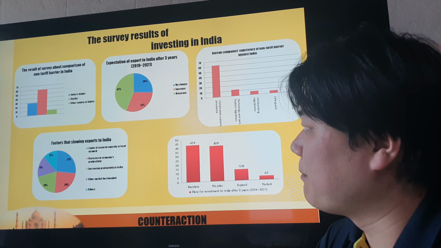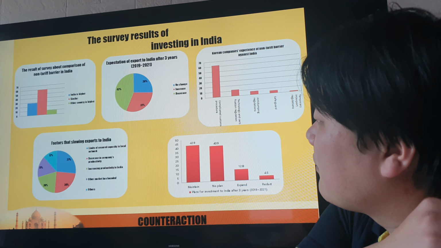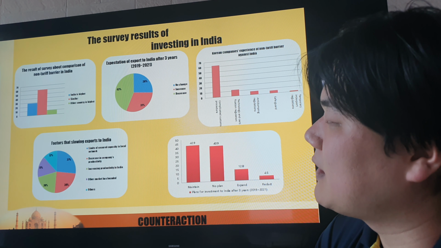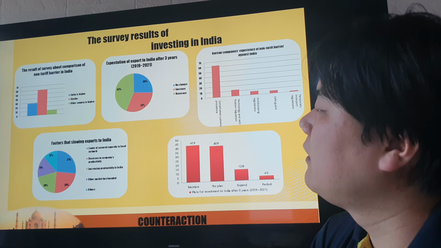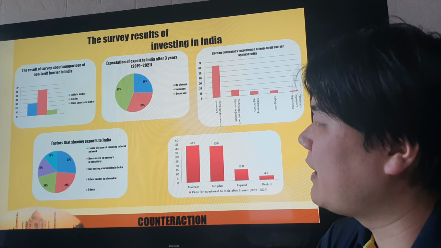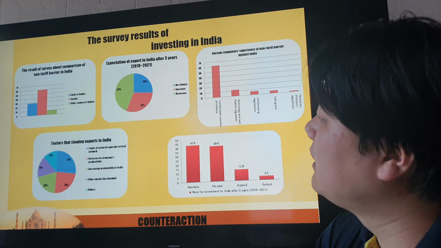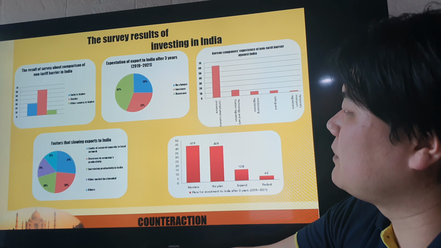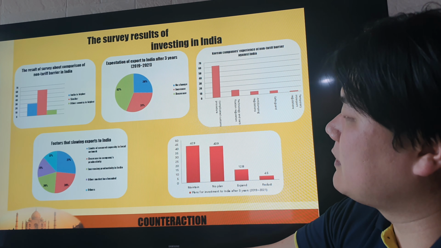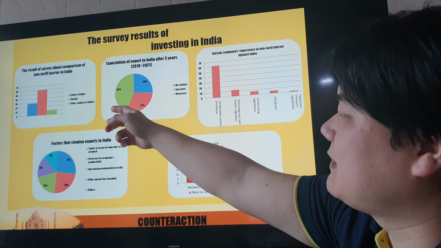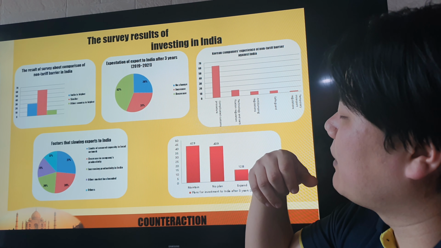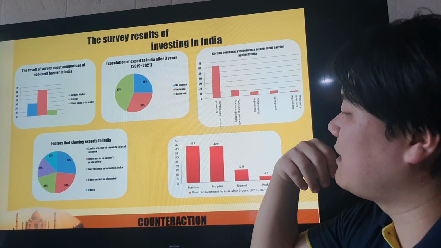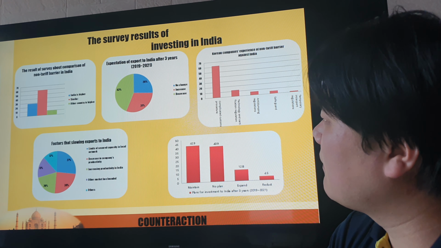The result of the survey about comparison of non-tariff barriers in India: about 30% of companies answered India is higher, 60% of companies said similar, and only 10% of companies said other countries are higher. For the expectation of exports to India after 3 years, 2019 to 2021, almost half of the companies answered it will decrease, only 31% of companies said increase, and 26% of companies answered there will be no change.